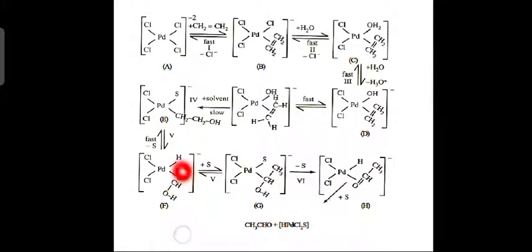H will combine with CH2, the double bond will break giving CH3 CHOH. From this once again solvent will be removed, and this H will come over here, so that you get CH3 CH double bond O. So this will become CHO. This is nothing but CH3CHO and HPdCl2S.